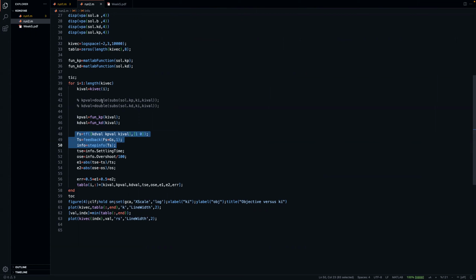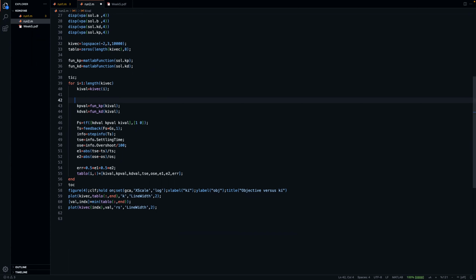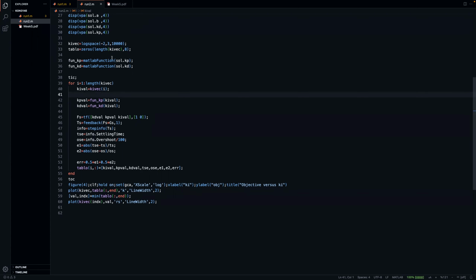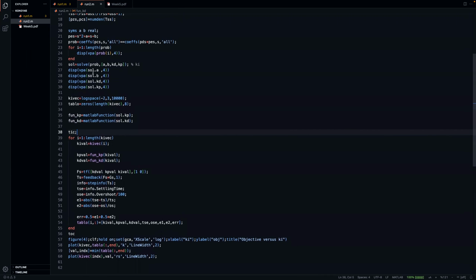So yeah, instead of using subs because it's not necessary here, it's not optimized. What we should do is we should just get rid of that part and convert this into functions and use it like that. You can apply this to almost everything here, to A, to B, to KD, KP.